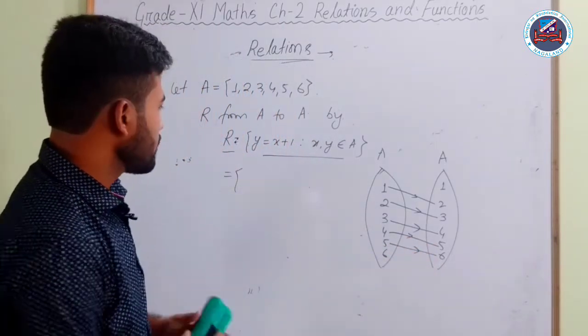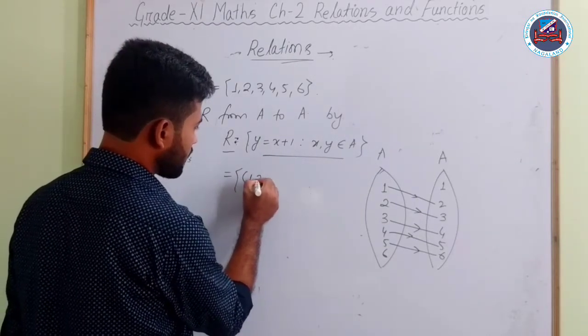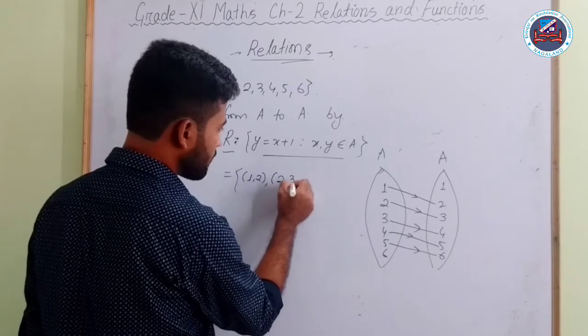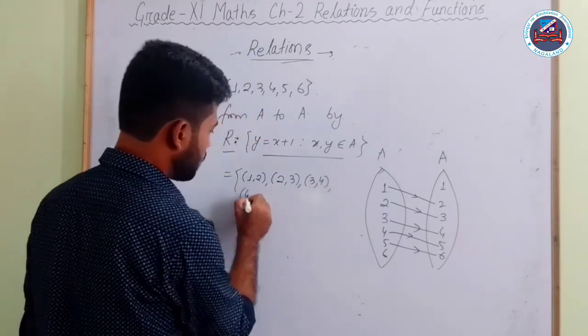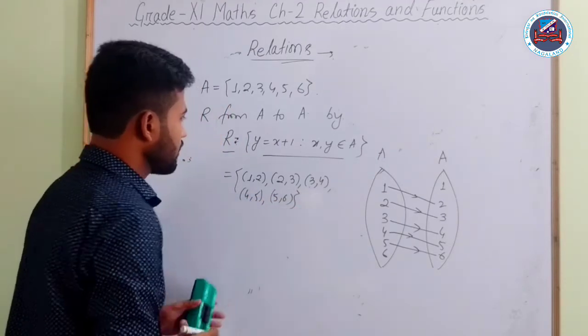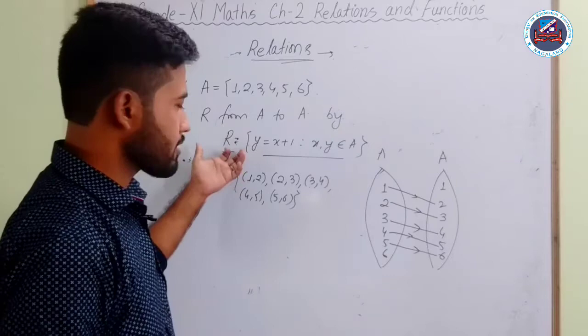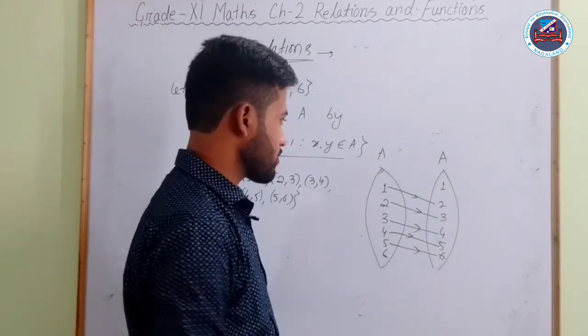Fine. So if I write them in roster form, it will be (1, 2), (2, 3), (3, 4), (4, 5) and (5, 6). Thus we have written the relation in roster form as well as shown it in the arrow diagram.